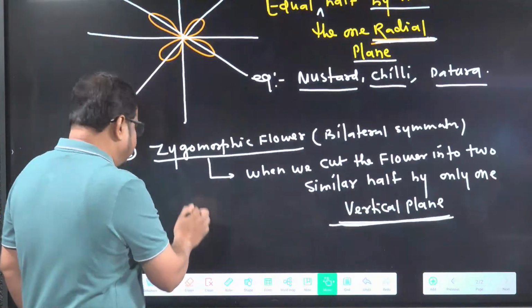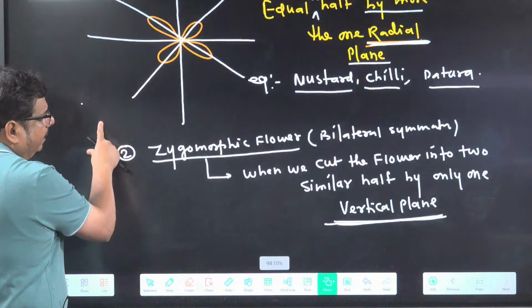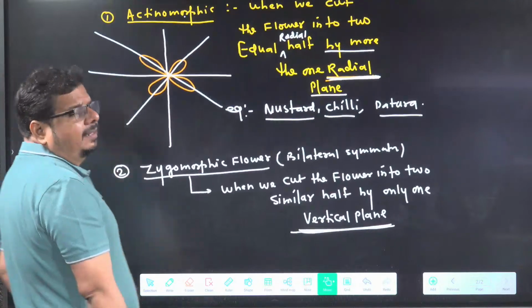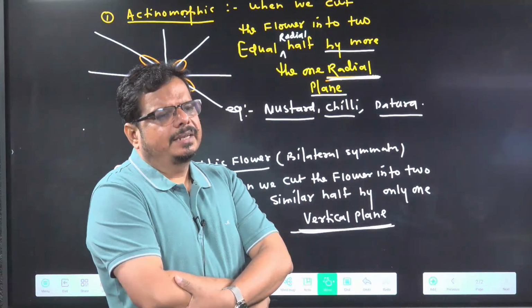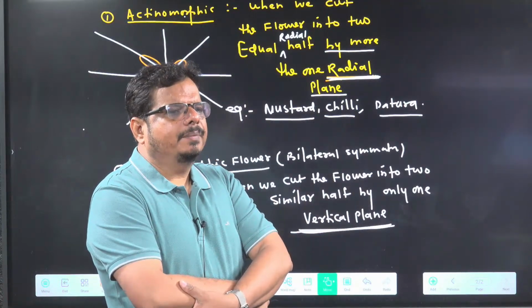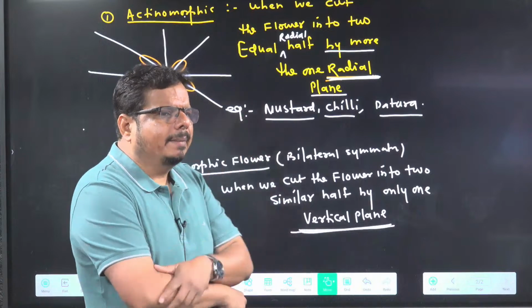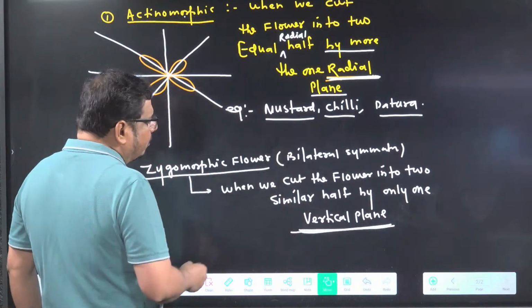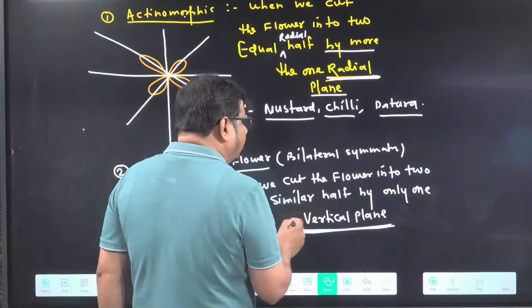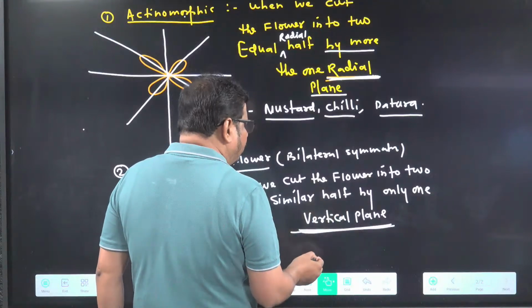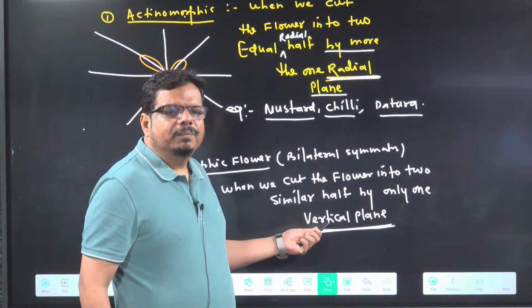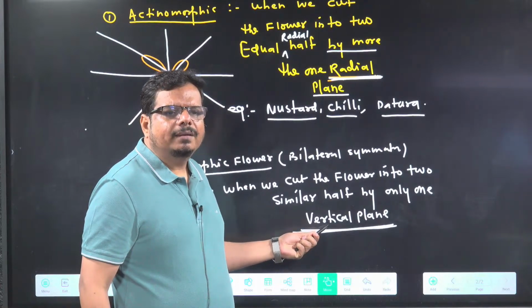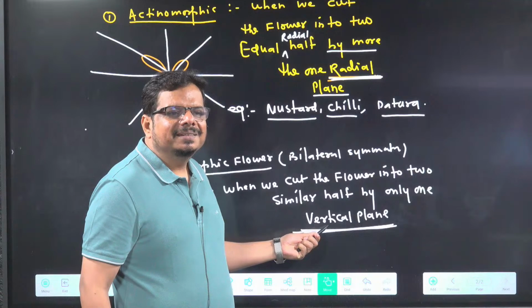Besides this, it is a very easy question, everybody knows it, but in a statement type question, the examiner will trap you. There is a maximum probability you get trapped. How will they trap? They will ask, in zygomorphic flower, we cut the flower into two equal halves by only one radial plane. Instead of vertical plane, they wrote what? Radial plane.